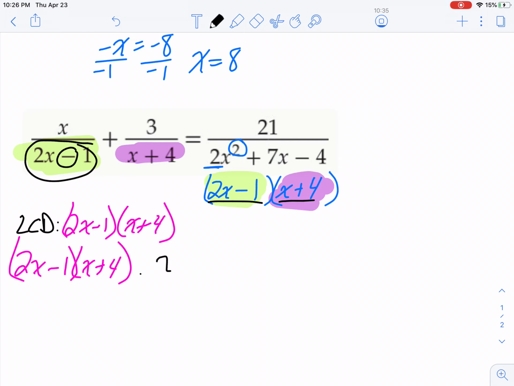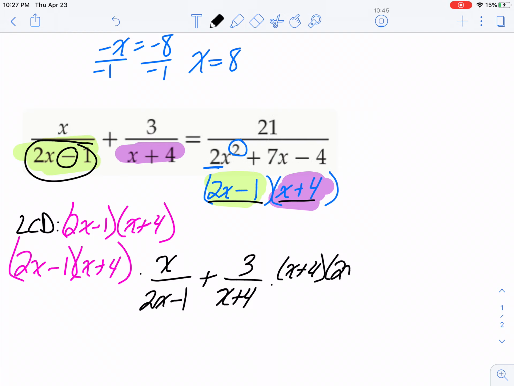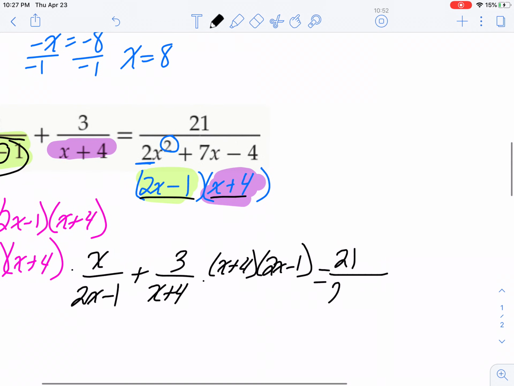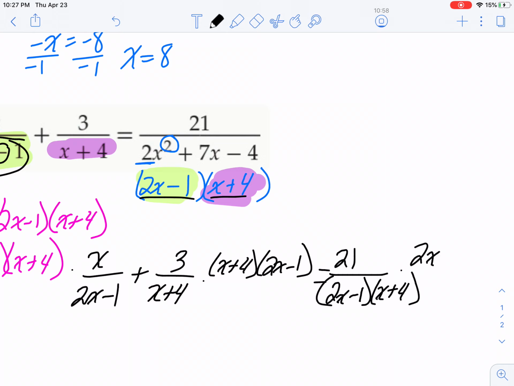Times my first term of x over 2x minus 1 plus 3 over x plus 4 times x plus 4 times 2x minus 1 equals 21 over 2x minus 1 times x plus 4, times 2x minus 1 times x plus 4.